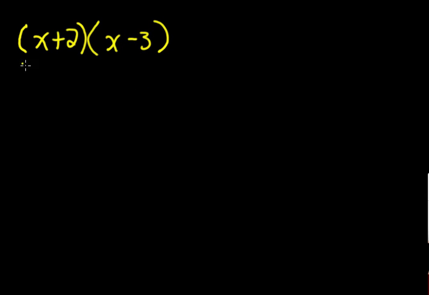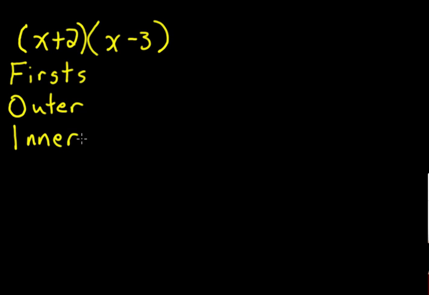Now the method we will use is called FOIL, which is firsts, outer, inner and lasts.